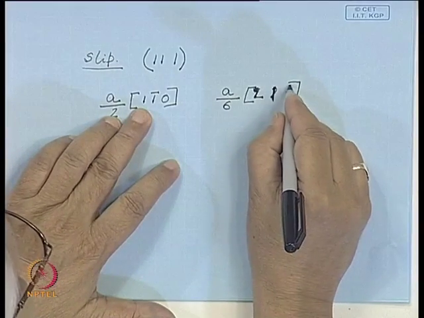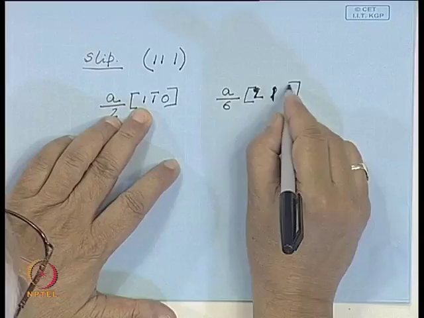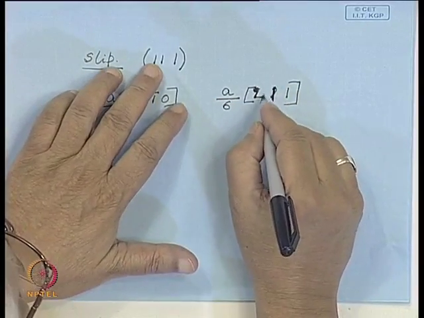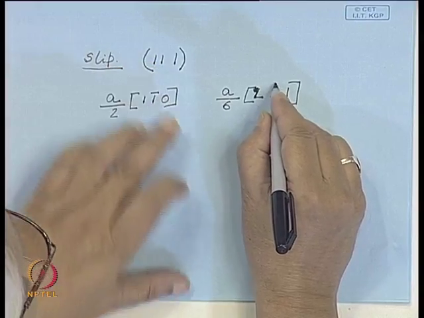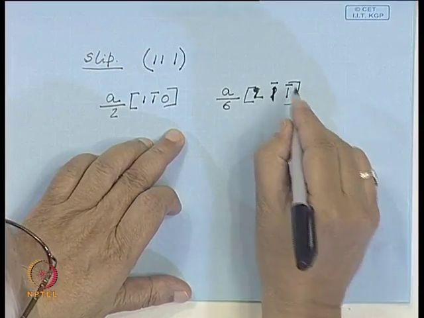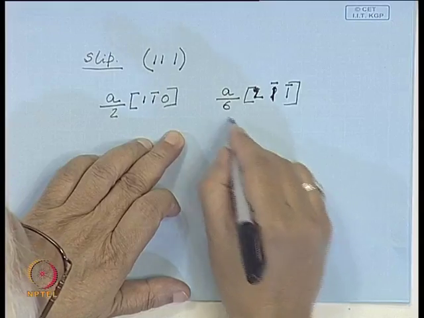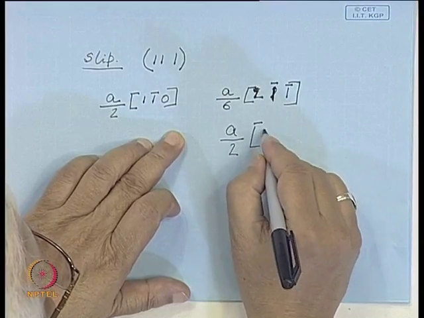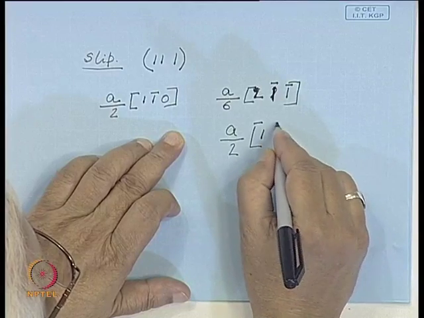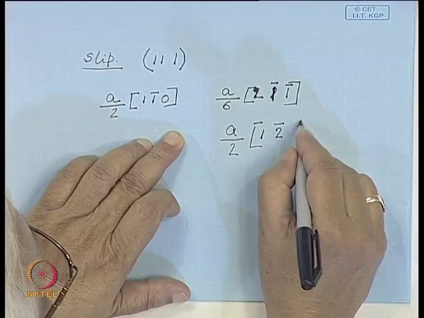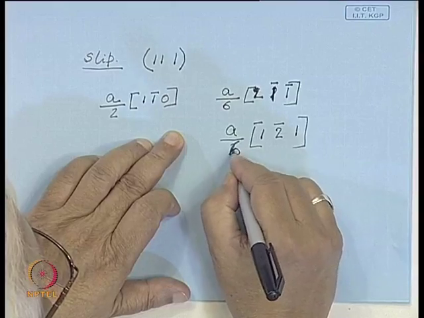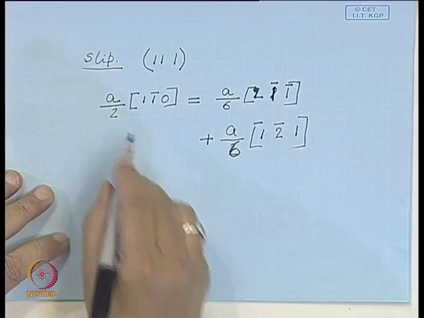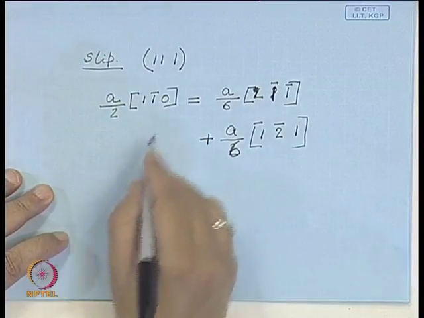But it has to be 2 1 1, it must lie on this plane. So, you have to do it like this: we make this another a/6 [1 2bar 1], this also a/6. So, what we are saying is, is this reaction possible?